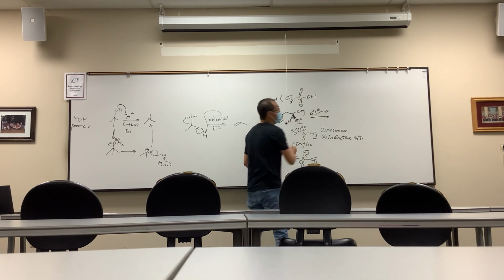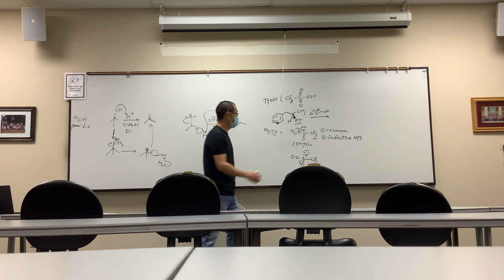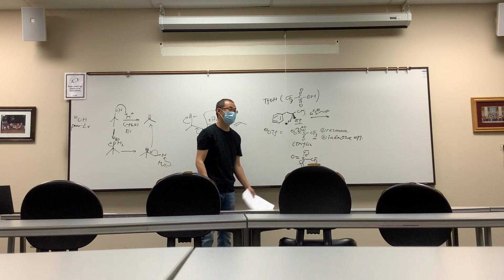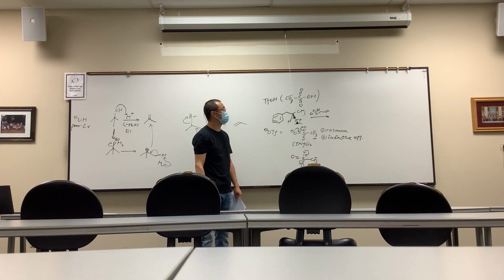This guy is a very strong acid. Then the conjugate base is a good leaving group. By the way, we do have this acid, called triflic acid. It's a very strong acid. So its conjugate base, OTf, is a very good leaving group.